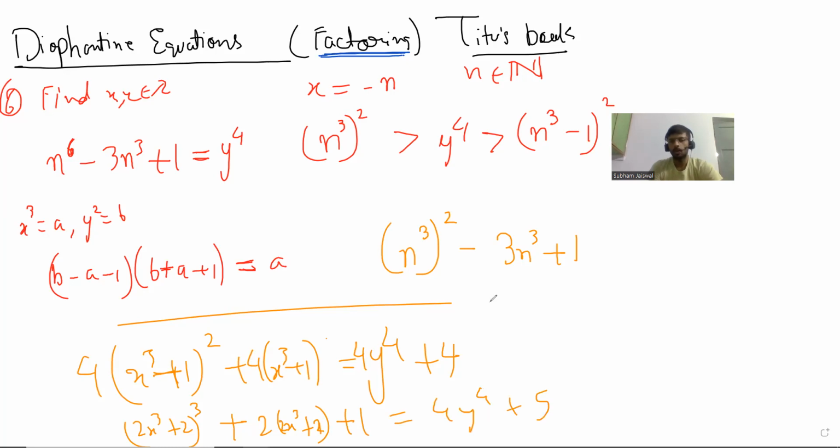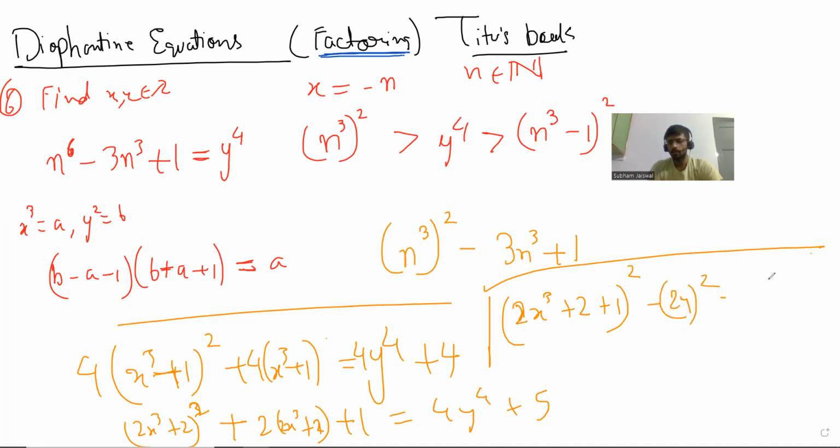You complete the square: 2x cubed plus 2 plus 1 whole square. So this is a square, and then we can move forward.